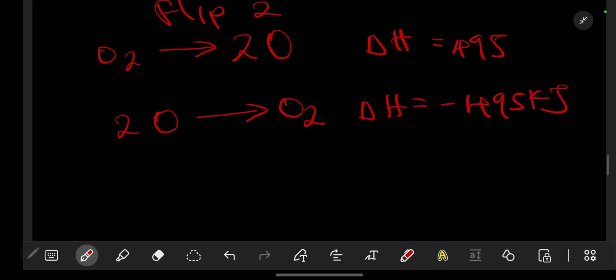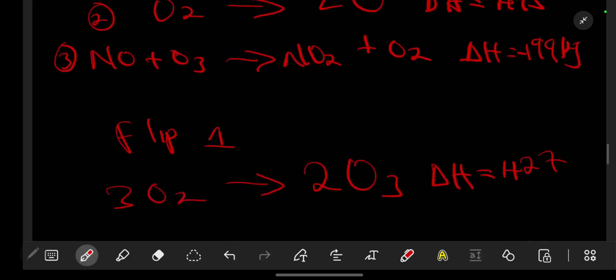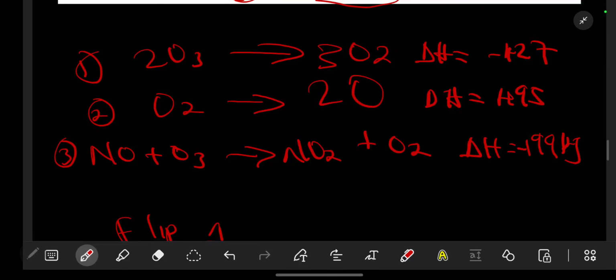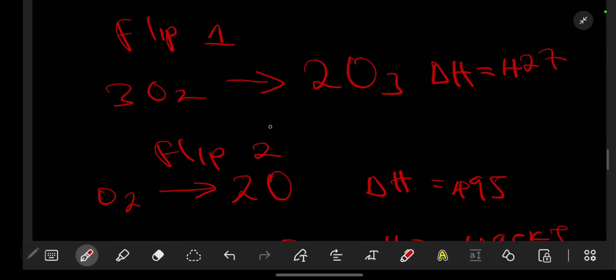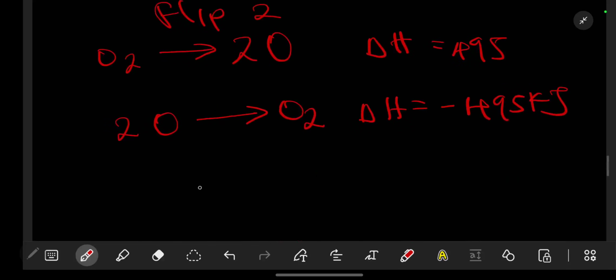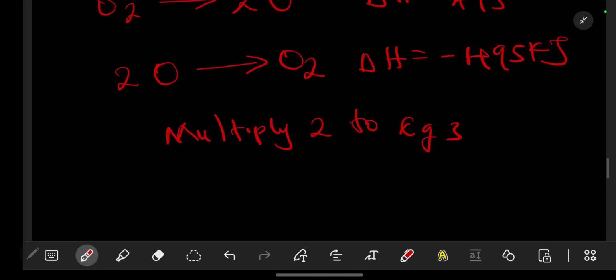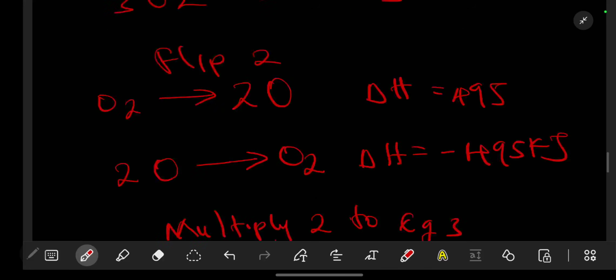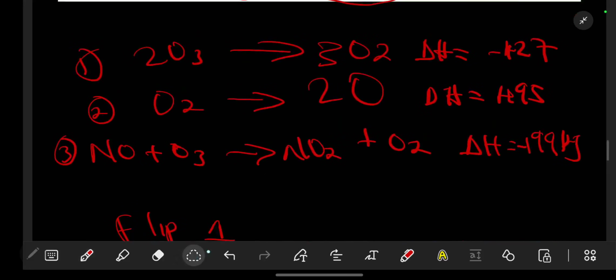Then what we are going to do next is the third equation. The third equation has O3 on this side, but it has got a 2. So we are going to multiply equation 3 by 2. Equation 3, which is our NO, let me just lift this equation.